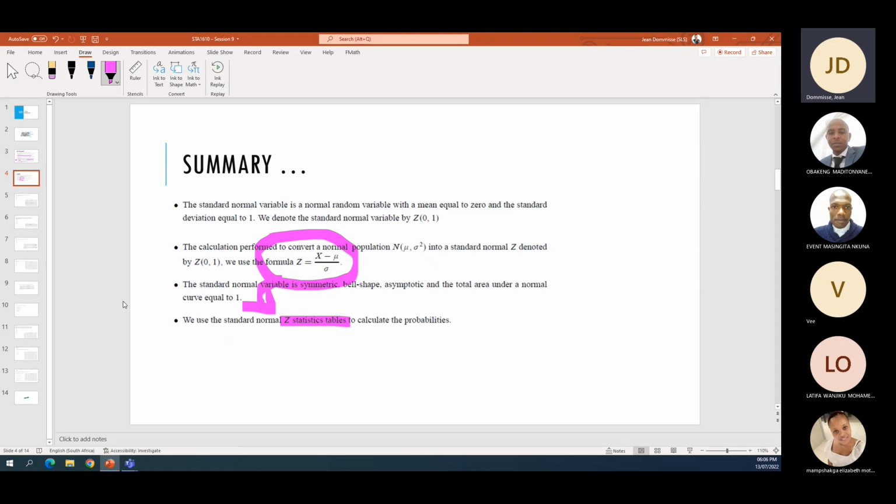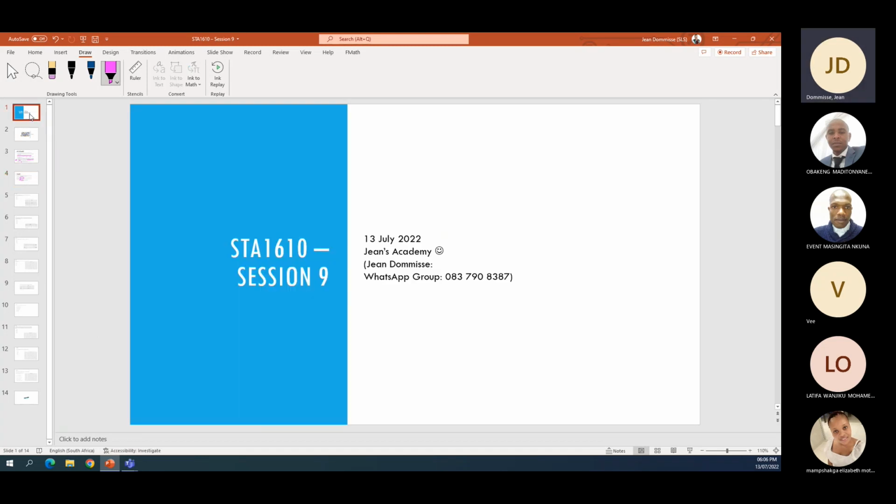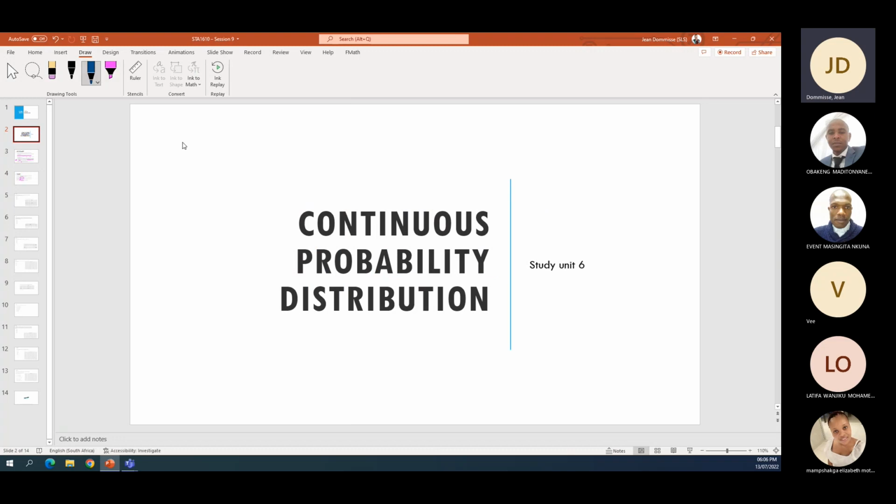But basically, the most important thing for me about this study unit is that you're going to need to solve a Z, and with that Z you will need to go to the tables so that you can get the probability. That for me is the most important thing you need to be able to do.